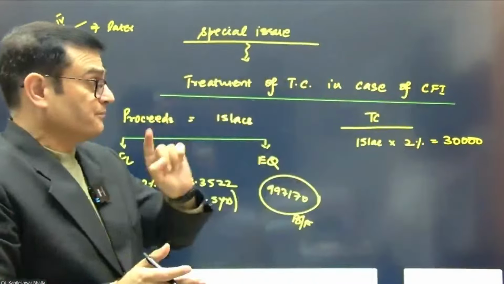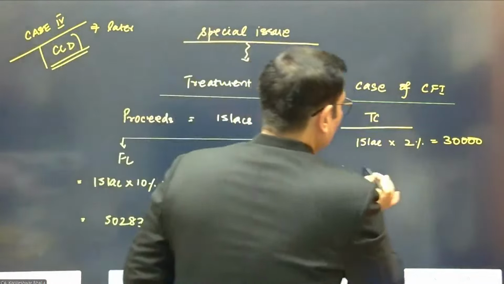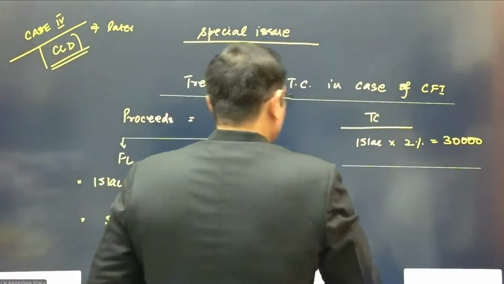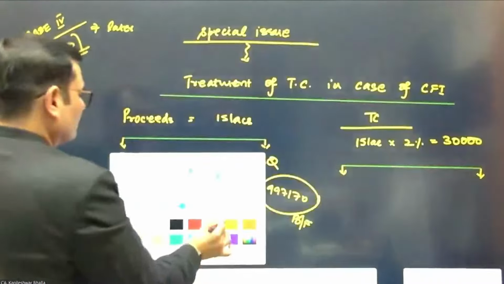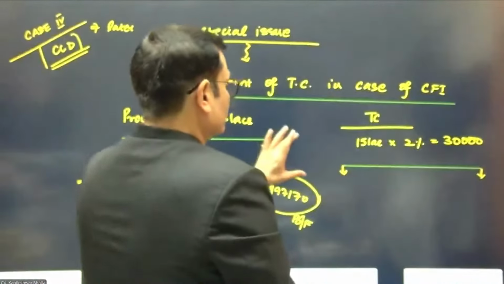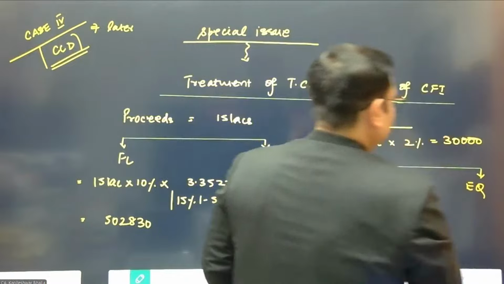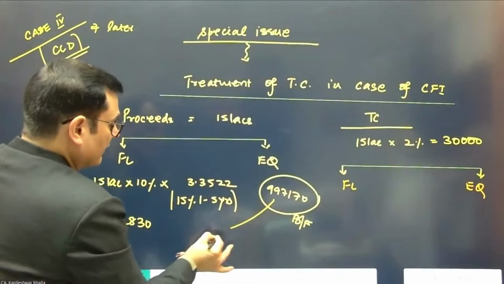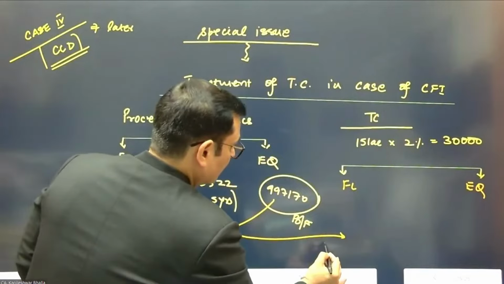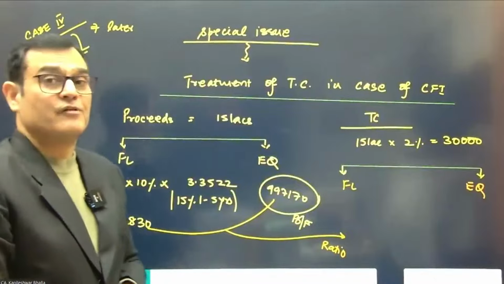So what we need to do? At the first instance, we need to divide this 30,000, that how much of this transaction cost relates to equity and how much relates to the financial liability. So we will split this between the financial liability and the equity. And this will be split in this ratio itself.